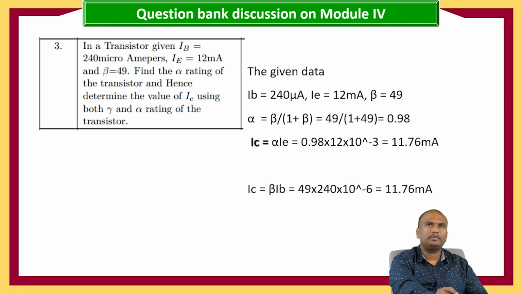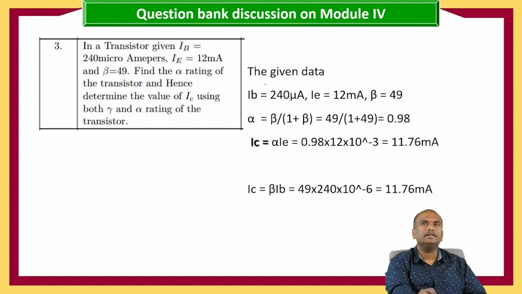Now the next problem: in a transistor, given the base current IB as 240 microamperes, IE as 12 milliamperes and beta equal to 49, find the alpha rating of the transistor and hence determine the value of collector current IC using both gamma and alpha rating of the transistor.